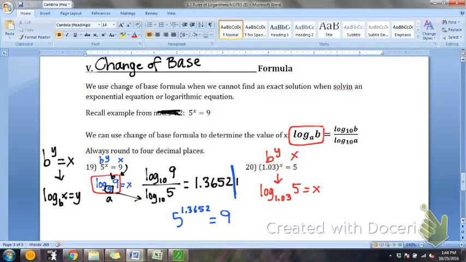I want you to show me the step where you're doing log base 10. Make sure to close your parenthesis. You don't have to hit a second. Just make sure that you close your parenthesis after the 5 and then hit divided by.